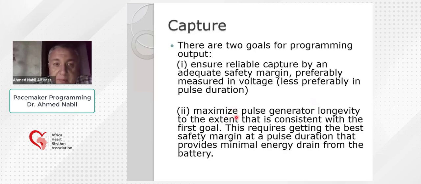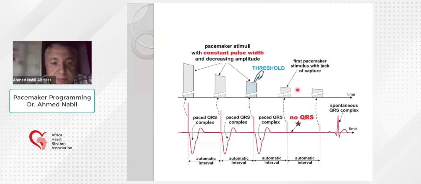And at the same time, programming the pacing output can help me maximize the pulse generator longevity, to the extent that it is consistent with the first goal. So I can decrease the consumption of the battery by adjusting the pacing output to a value that preserves the battery more, but at the same time ensures reliable capture.